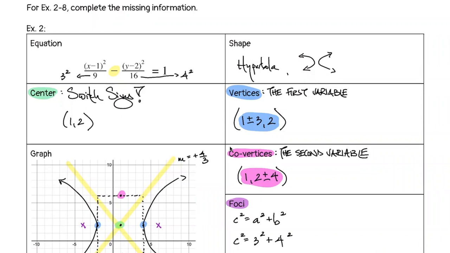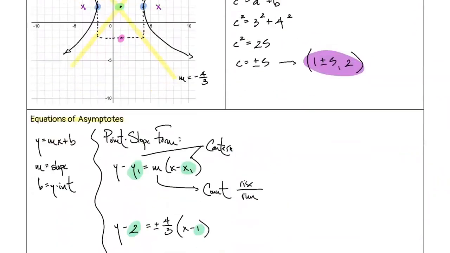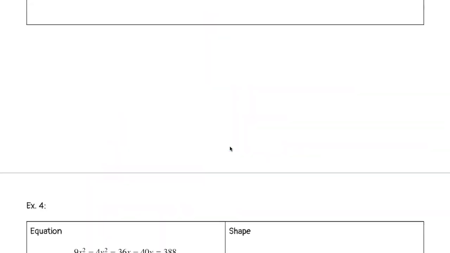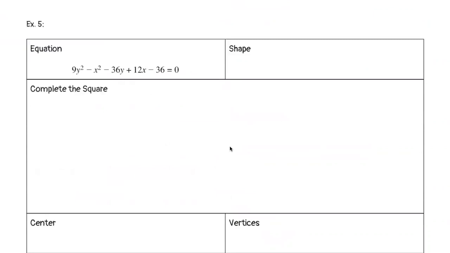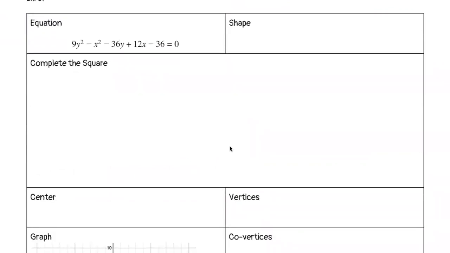All right. So let's go ahead and skip down to example number 5. Okay, let's take a look at example number 5. And so I wanted to skip to example number 5 because this is one where we'll be able to practice that idea of completing the square.